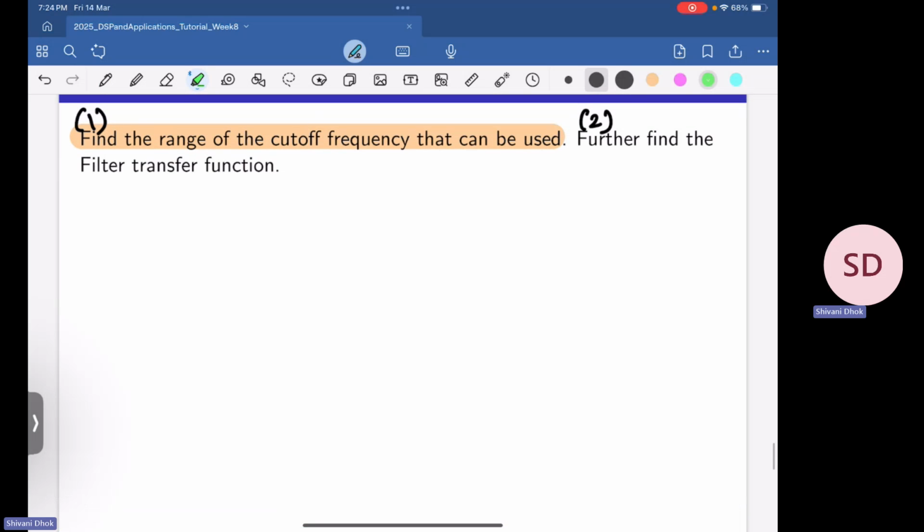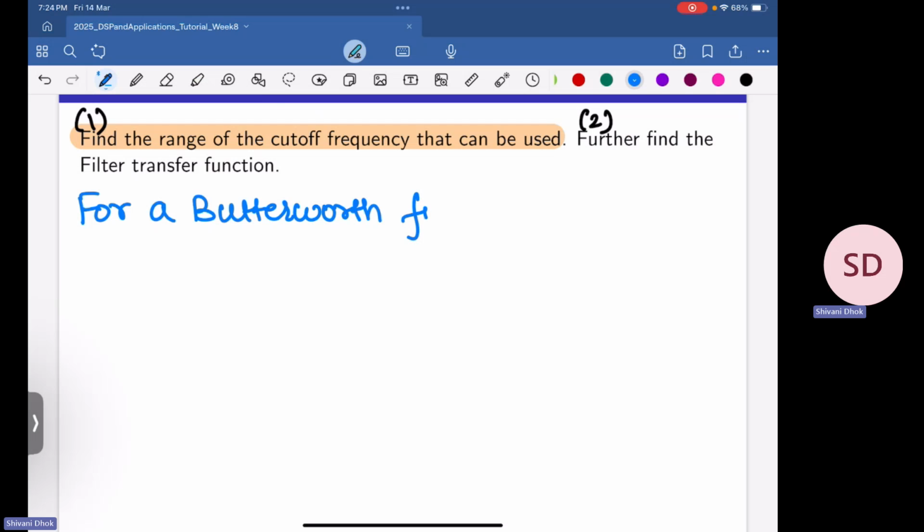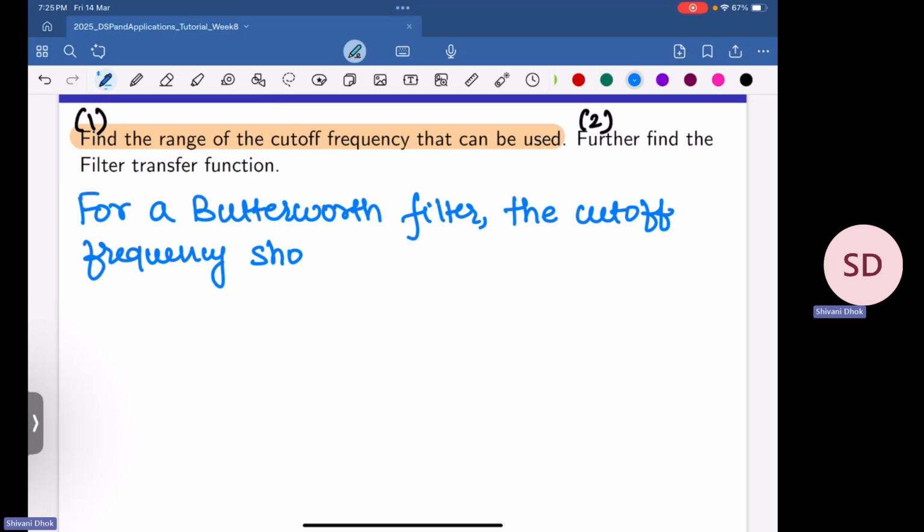Okay. So let's start. What we know, for a Butterworth filter, the cutoff frequency should lie in the following range.